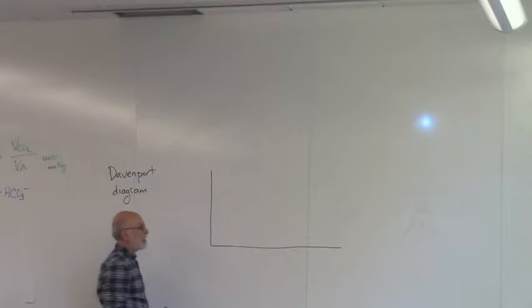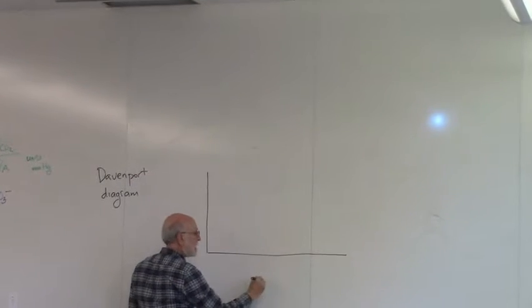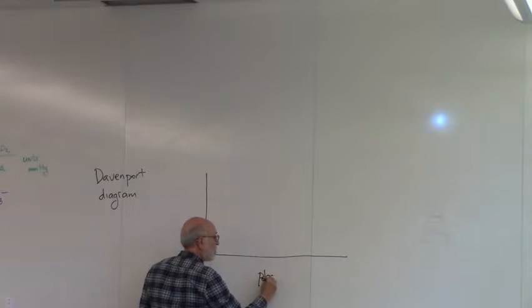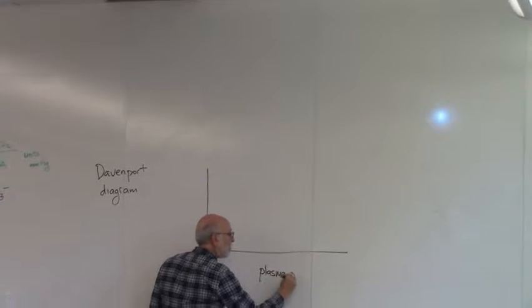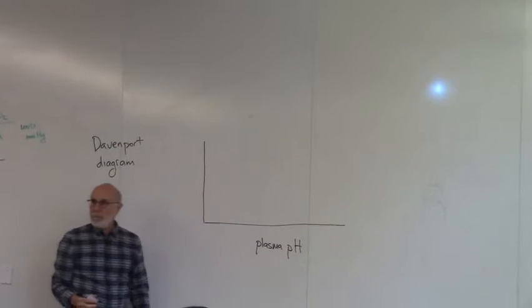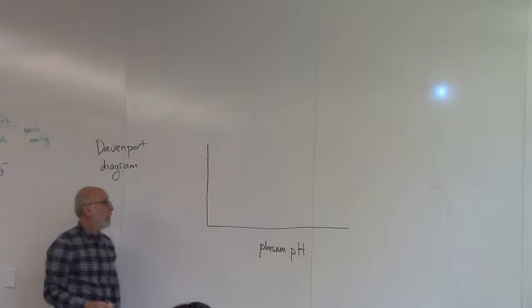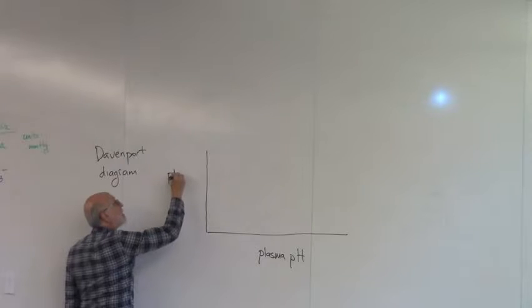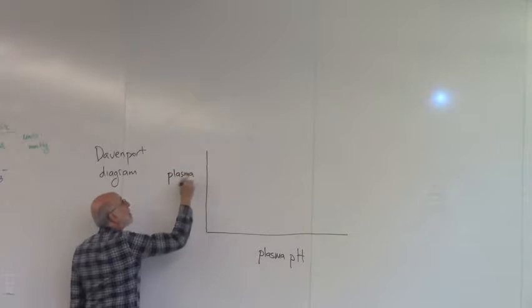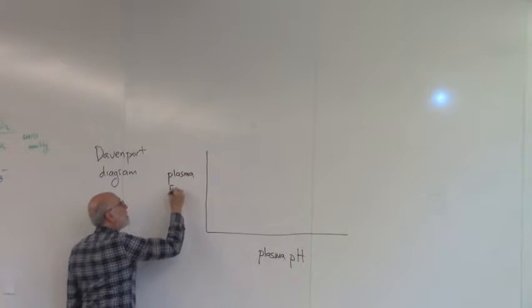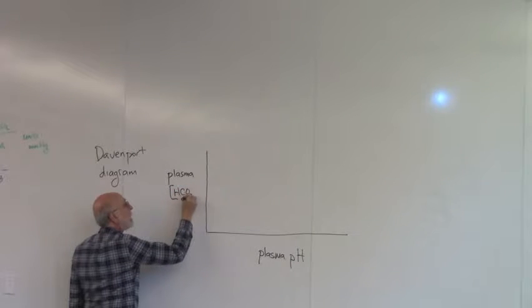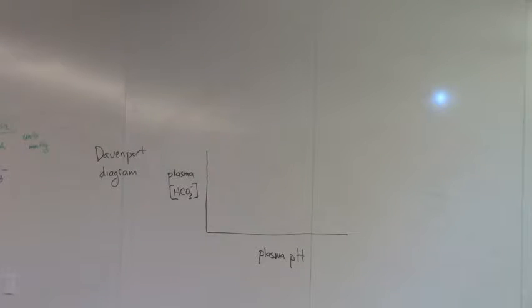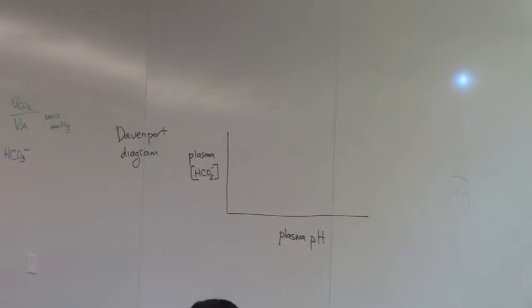So in the Davenport diagram, the x-axis is plasma pH, the pH of blood plasma. And the y-axis is plasma concentration of bicarbonate ion.